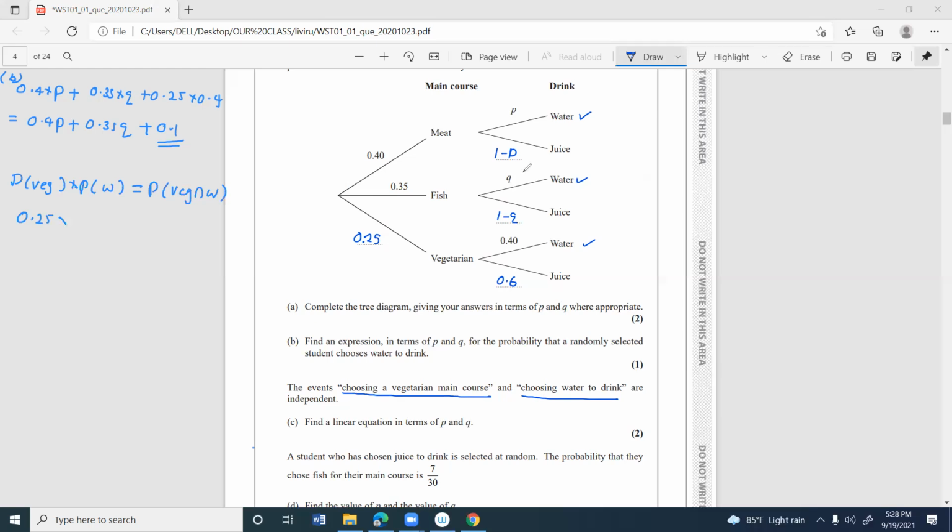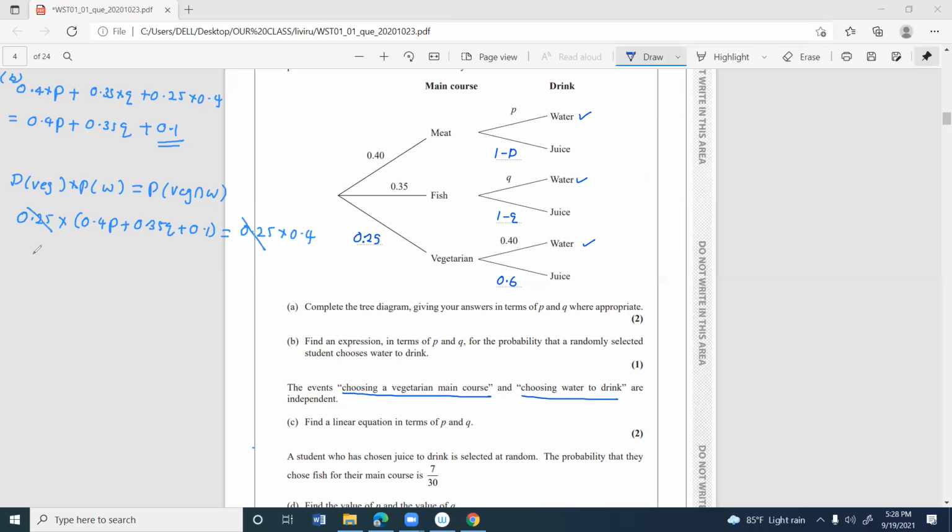For the probability of water, we already found this answer: 0.4p plus 0.35q plus 0.1, which is equal to vegetarian intersection water. Vegetarian intersection water means it should be a vegetarian as well as water, so 0.25 times 0.4. Now you can cancel the 0.25 with the value over here.